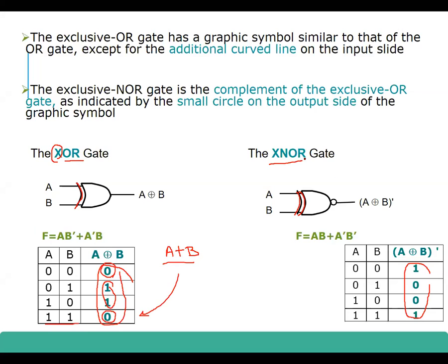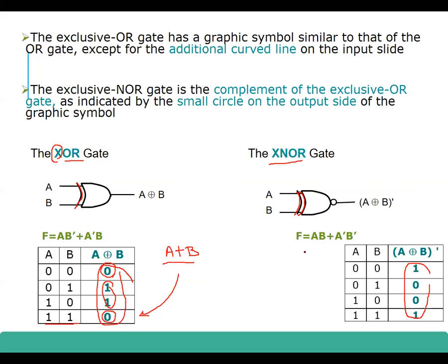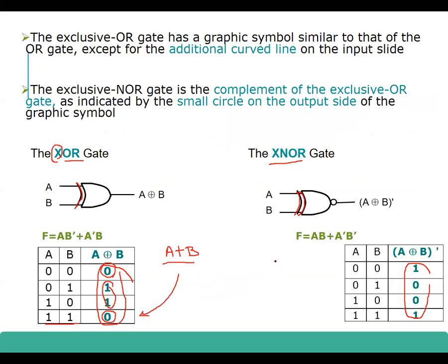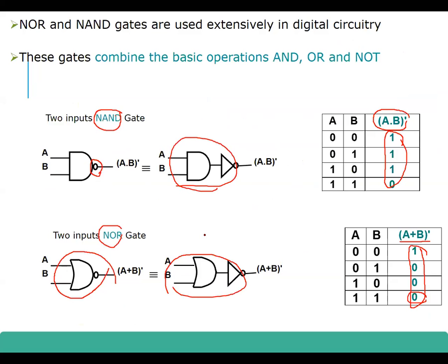In XNOR also, if you compare with NOR, what's the difference? You can see 0 here instead of 1, and you can see 1 in this XNOR gate. Those are the basic types of gates we discuss in this course.